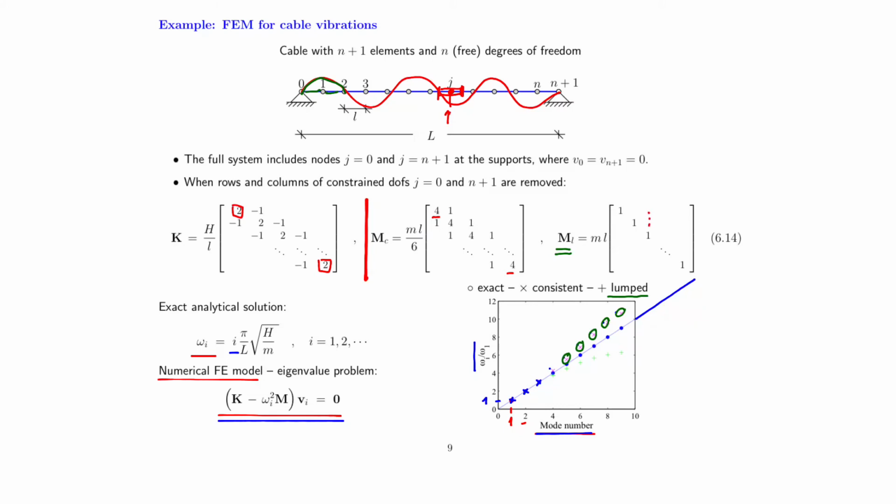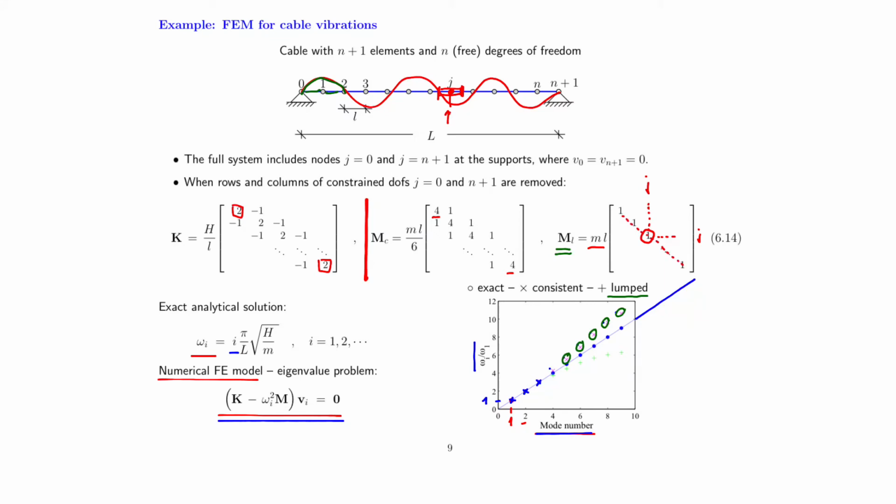So for the j entry in our mass matrix, we then simply take the entire element mass, that's m_l, and add it directly at the diagonal place for this node. And thereby we'll get a diagonal mass matrix.